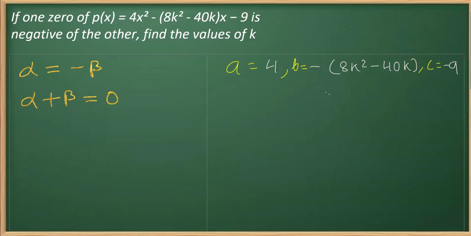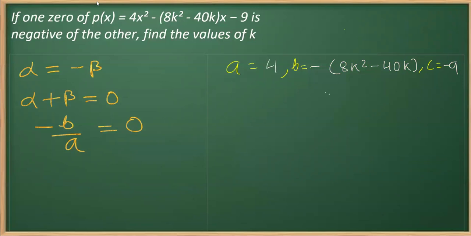Now, once we have A, B, C, what you know is that the sum of the zeros is equal to the negative coefficient of x, that is minus b over a, and that is equal to 0 from here. Now, if I replace this b with its value here, minus of this minus will be plus.